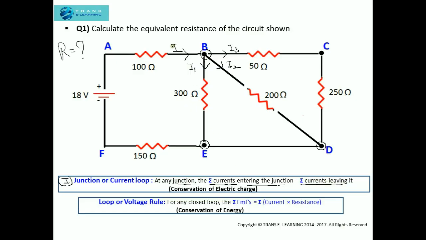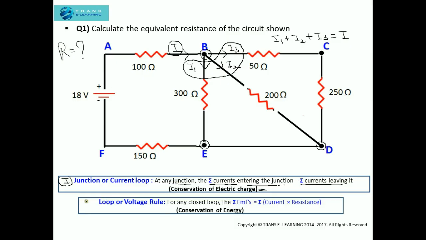So if this current I is entering junction B, then the same amount of current should leave it. That means I1 plus I2 plus I3 should be equal to I, because this law is in accordance with the law of conservation of electric charge.